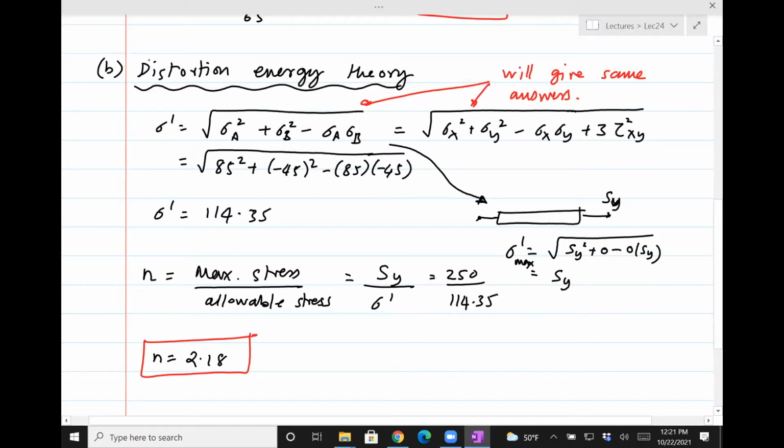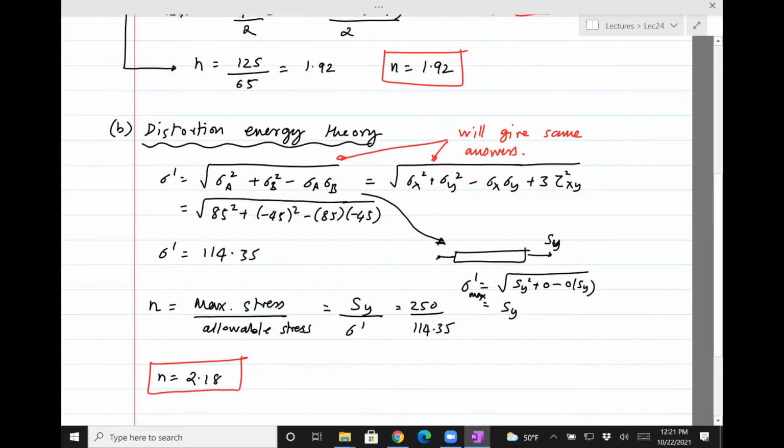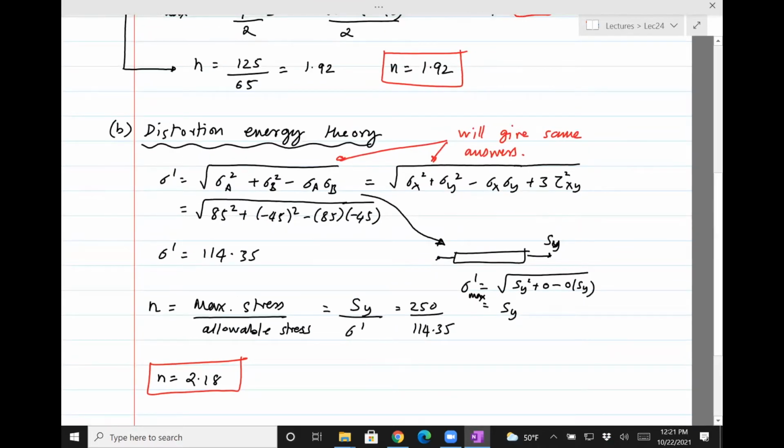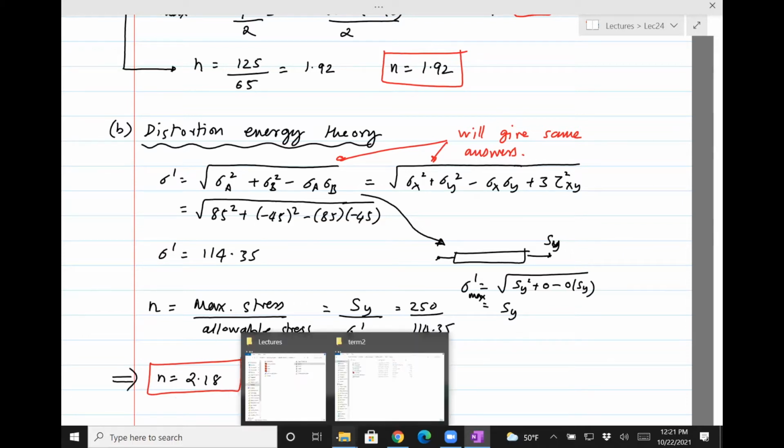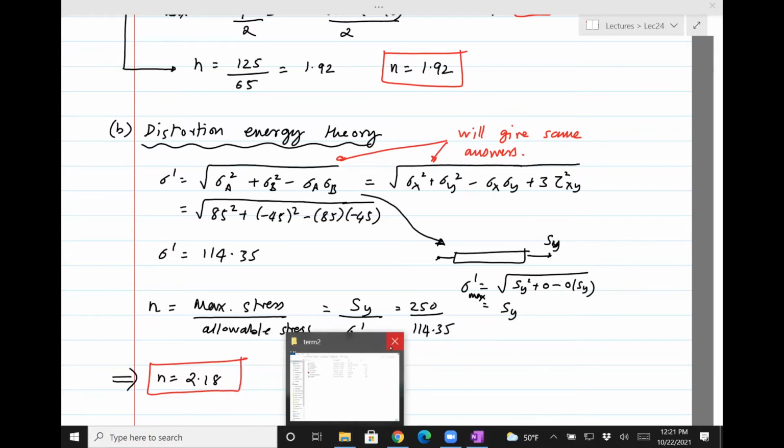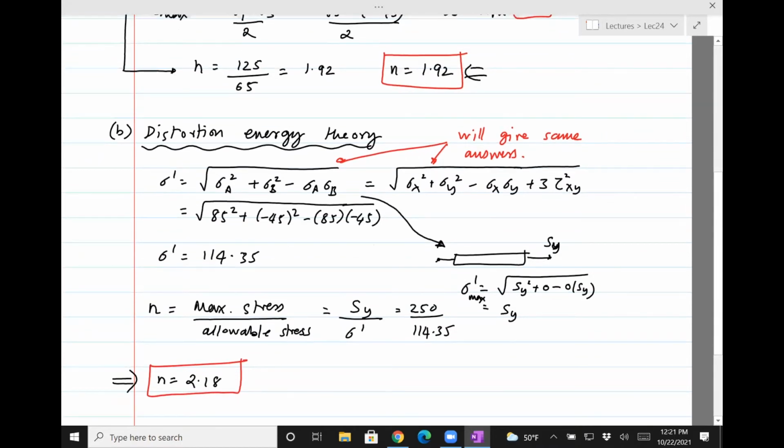Okay, so the thing to note here is we computed the factor of safety using two failure theories. We used distortion energy theory and maximum shear stress theory. We found that the factor of safety is greater for distortion energy theory than it is for maximum shear stress theory.